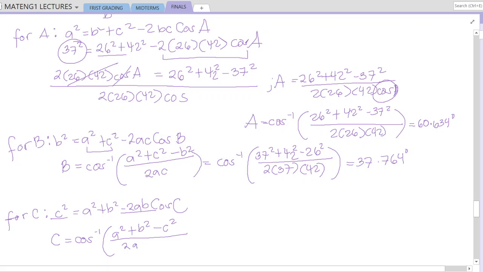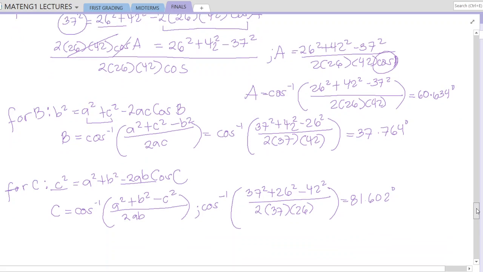That is also equal to cosine raised to negative 1 of 37 squared plus 26 squared minus 42 squared, divided by 2 multiplied by 37 multiplied by 26, that is equal to 81.602 degrees.